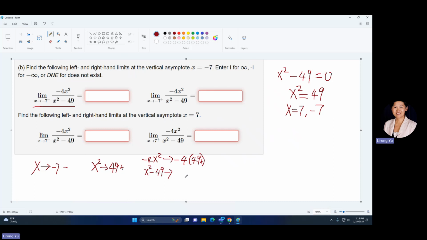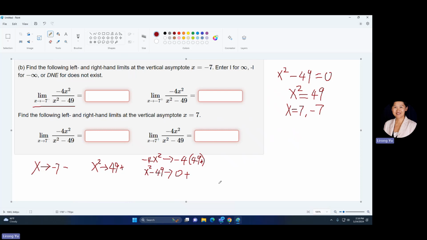So this is actually 49 minus 49, which is approaching 0, right? That's actually 0, but approaching 0 from the positive side.